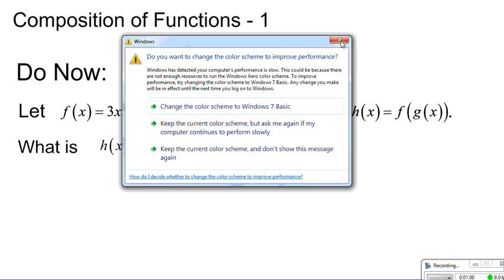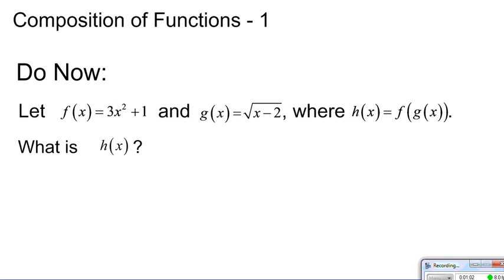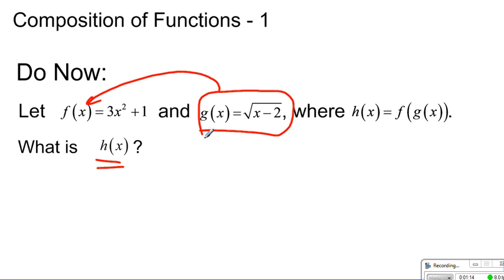Okay, great. Now, in this case, let us try to look into this one together. Since h of x is the composition of g of x, this expression has to go into the function f. That means h of x must be equal to f of g of x, which is f of square root of x minus 2.